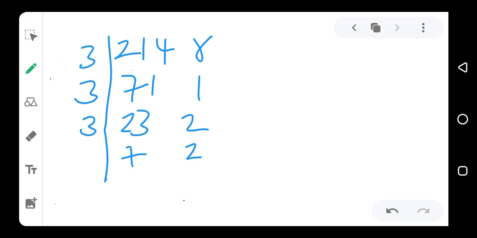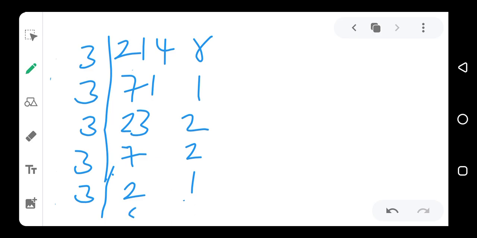So we have 7 divided by 3. We have 2, remainder 1. And then we have 2 divided by 3. 3 cannot divide 2. So if you cannot divide 2, we write 0 under it to show that it cannot divide it.